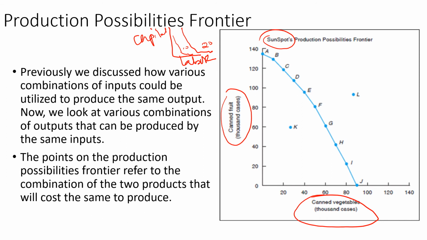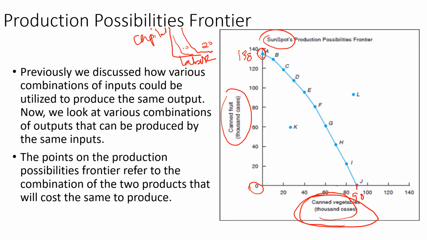So if they decided to produce all canned vegetables, they could produce 90 cans of vegetables and 0 cans of fruit for a given level of input. Or if they chose to produce all canned fruit, they could produce, that looks like 138 cans of fruit and 0 cans of vegetables given a specific level of input.